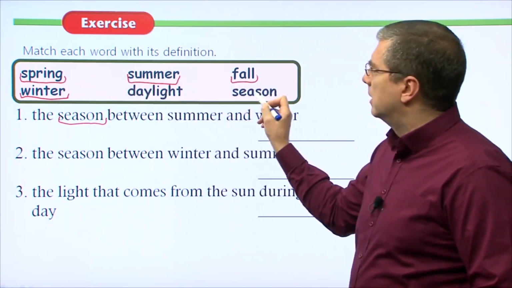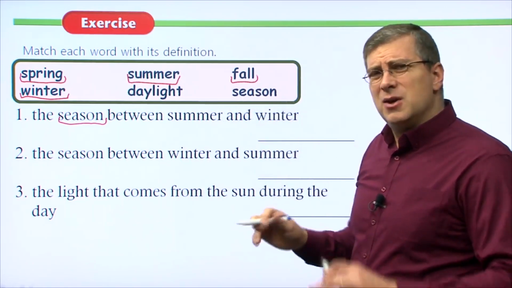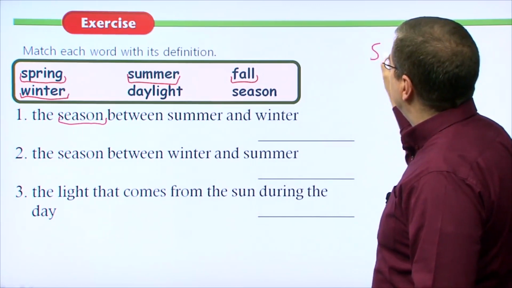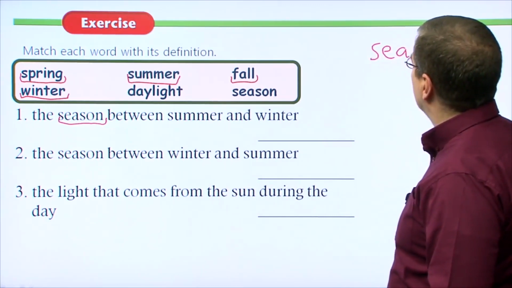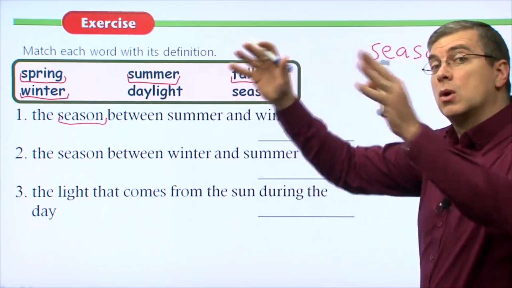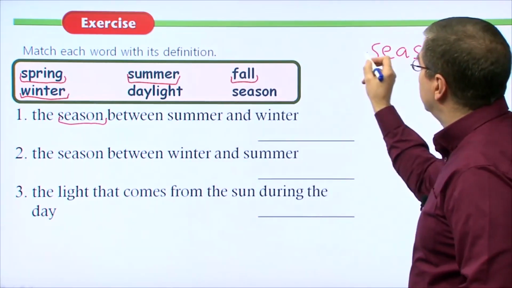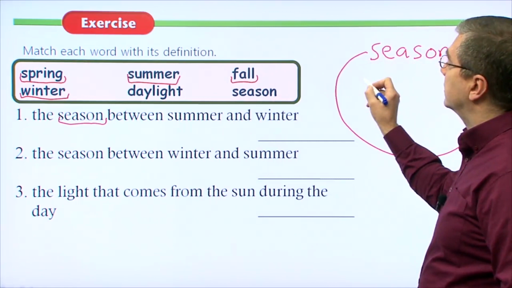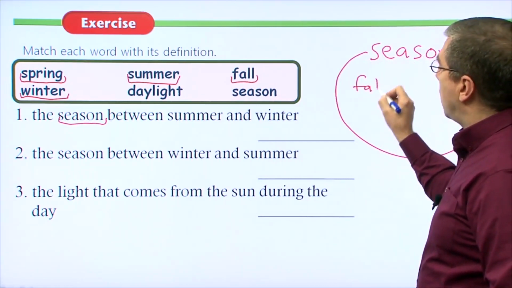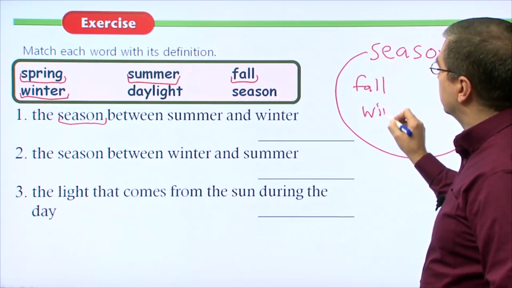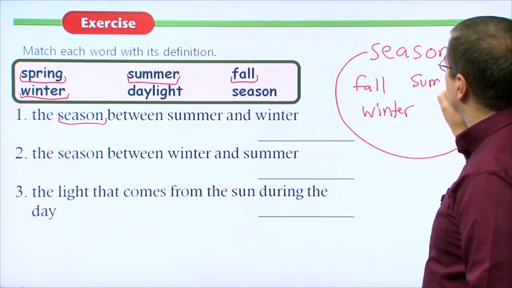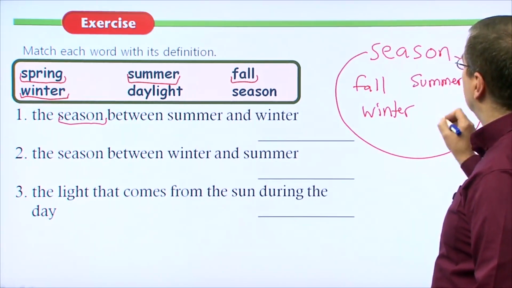What about season, though? Season is a season? That's kind of strange to say. Season is a different type of word. Season, of course, is your large word. It's your big word that includes all of the types of the seasons. So if we would say season, underneath season, we put fall, we put winter, we put summer, and we put spring.